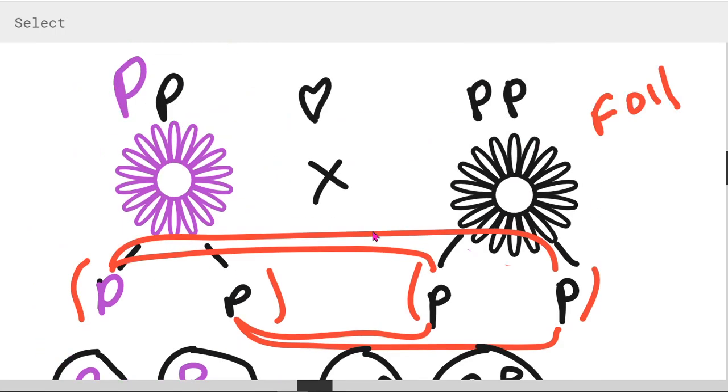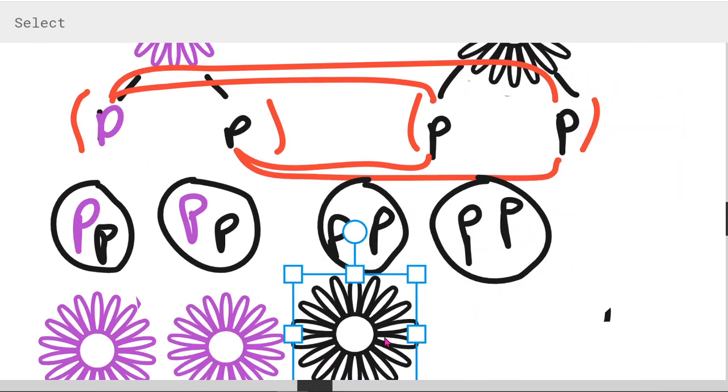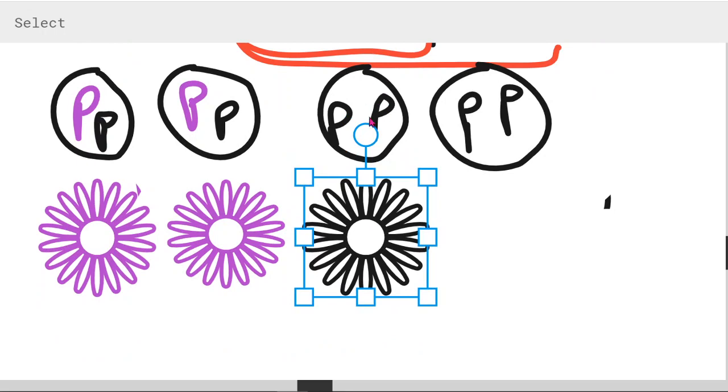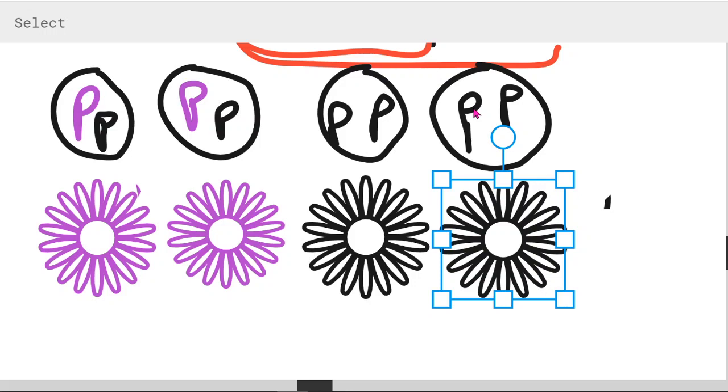The third one, we have a recessive combination, a recessive homozygous. So we know we're gonna have the color of the homozygous, because this plant has no option but to be white, to be non-color. And the fourth one is gonna be also a homozygous recessive, which is gonna give us this.